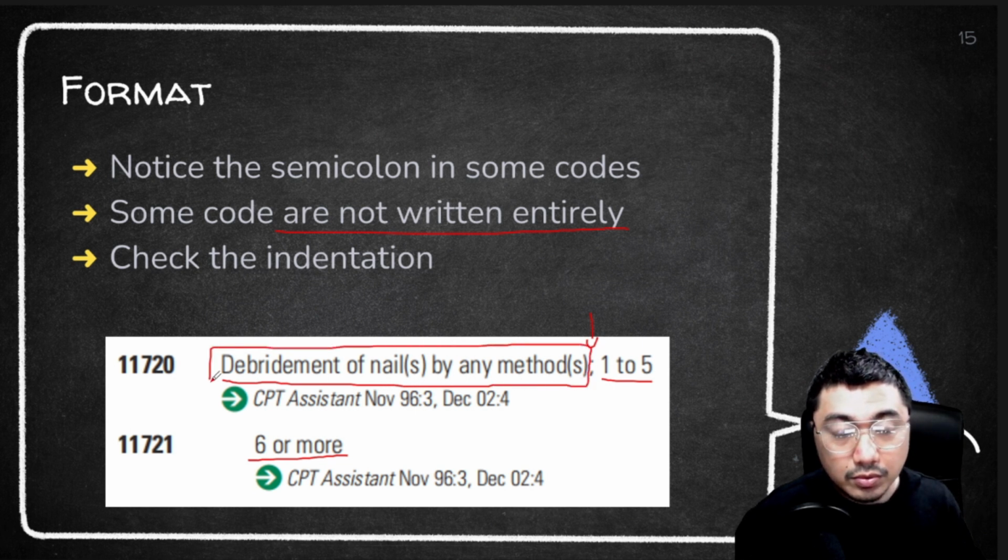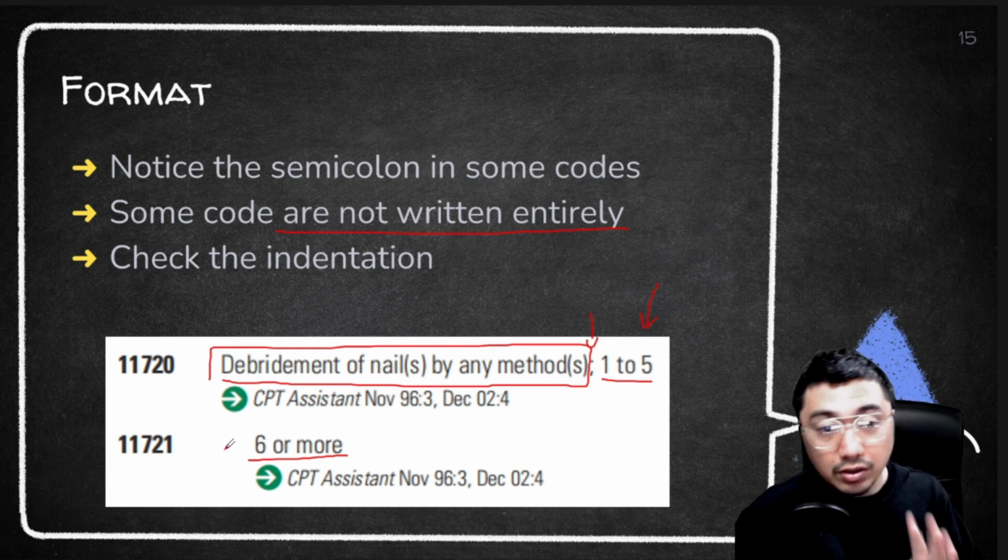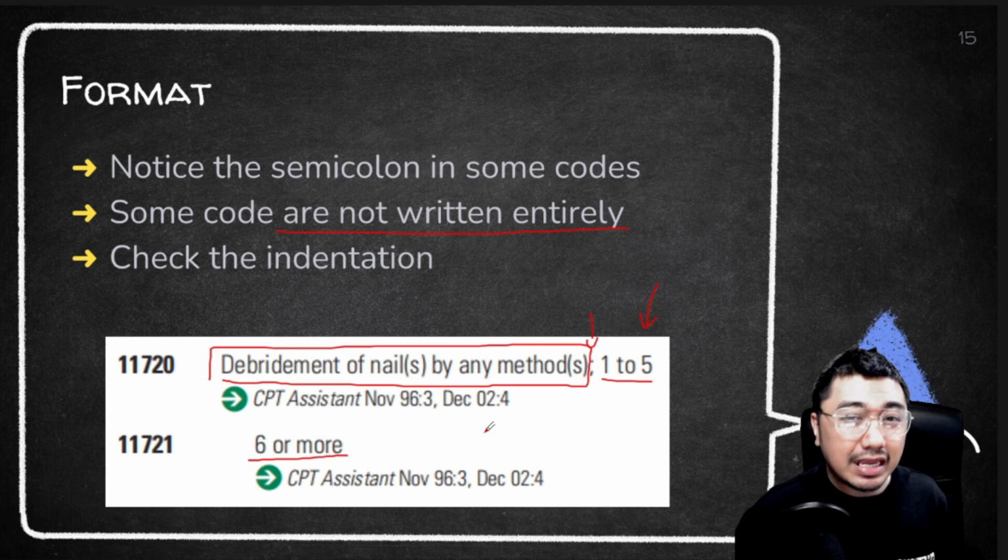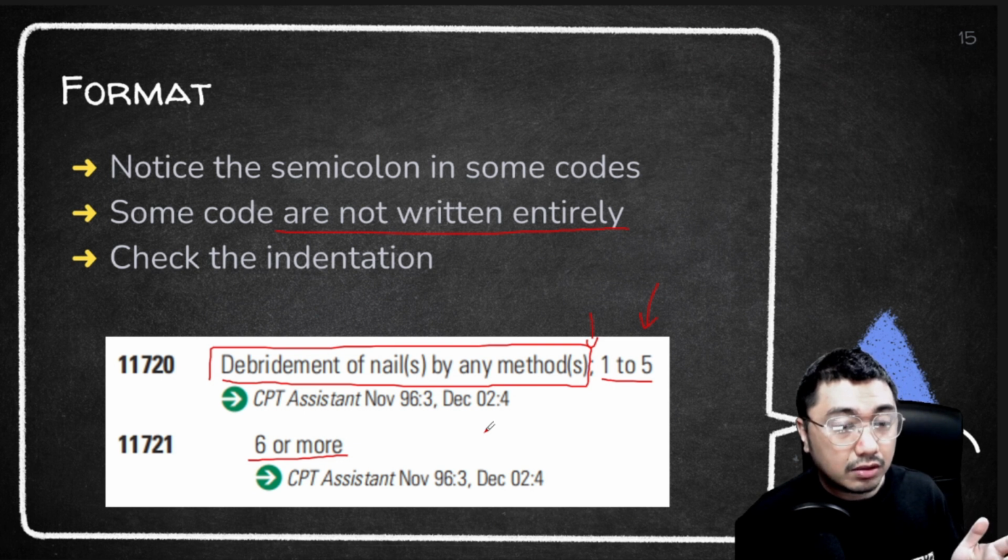So try to pause at the portion of your semicolon, okay? It's mentioned here 1 to 5. And then the next code, 11721, is also debridement of nails by any method, 6 or more. So it indicates how many nails will be debrided for today. Is it 1 to 5 nails or 6 or more?